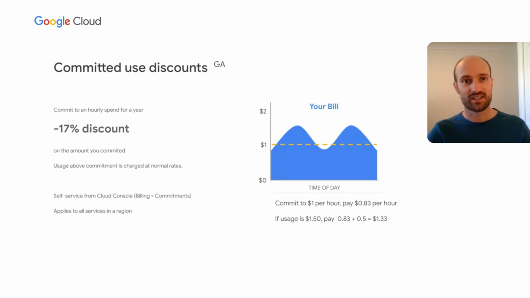Because that means that you would only pay 83 cents for every hour. And of course, if usage goes above the commitment, for example, because you used $1.50 of Cloud Run, then you would only pay the discounted price on the $1 and 50 cents above the dollar.